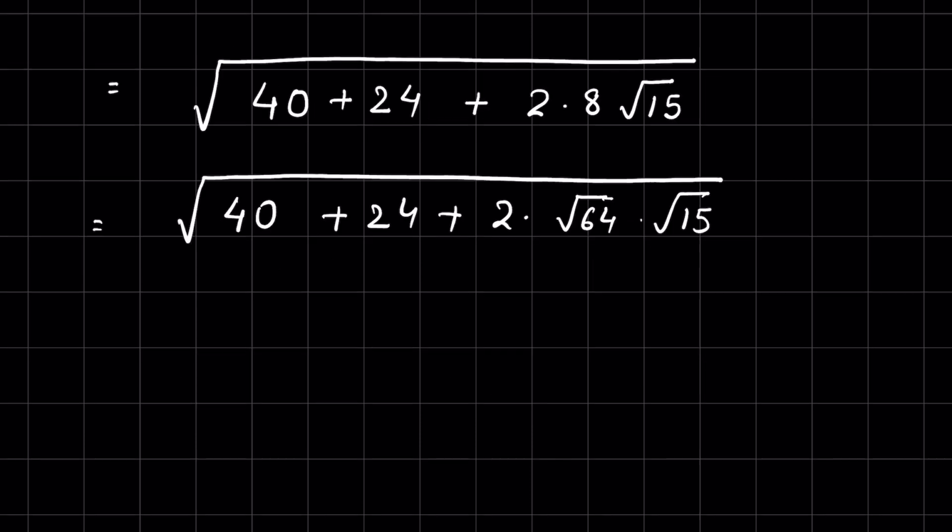Now we know square root of a times square root of b, we can write as a times b under square root.